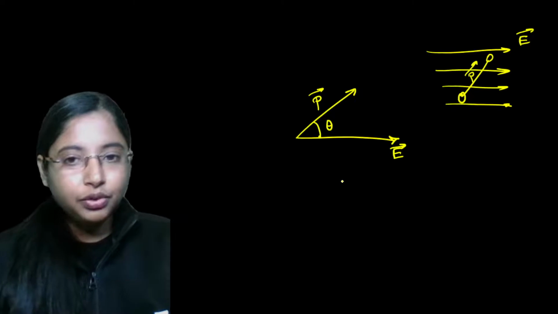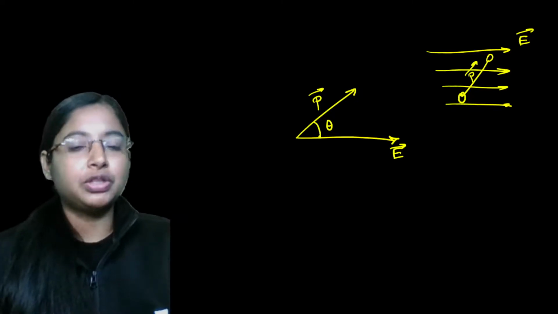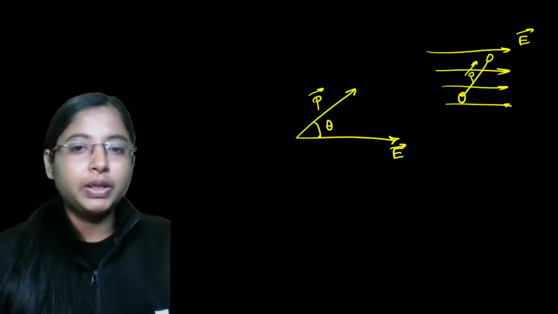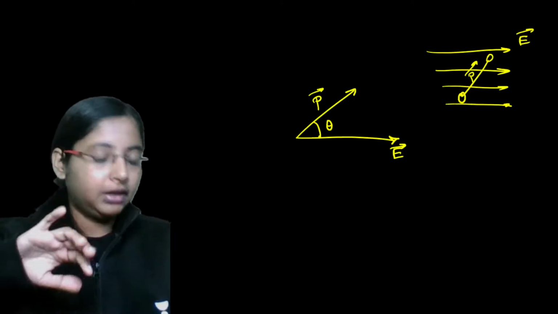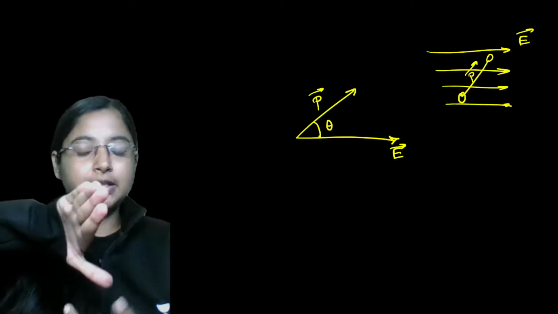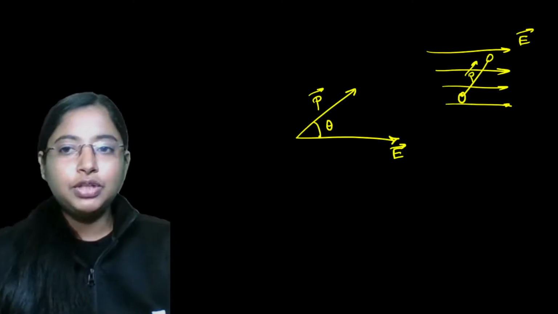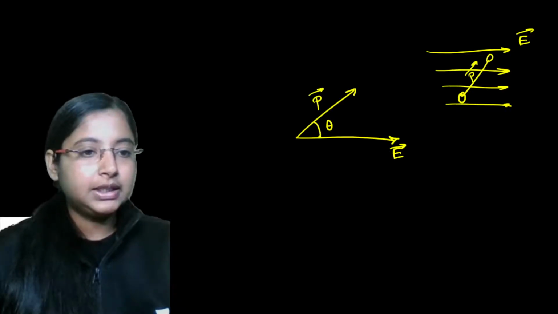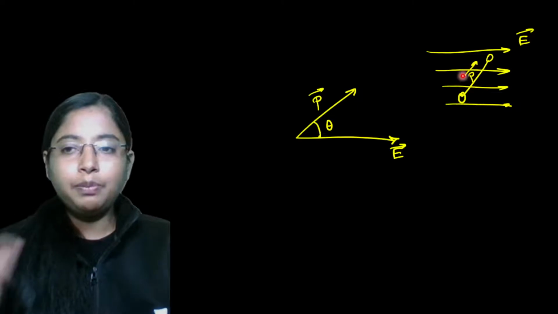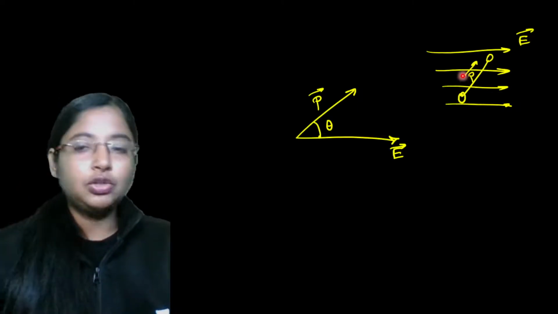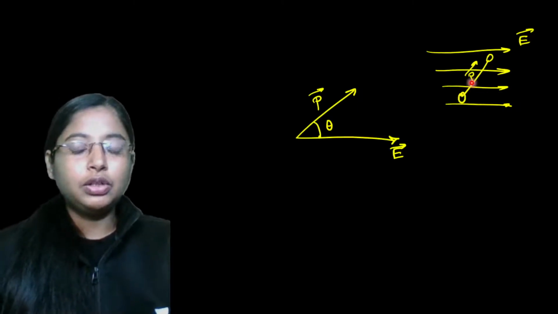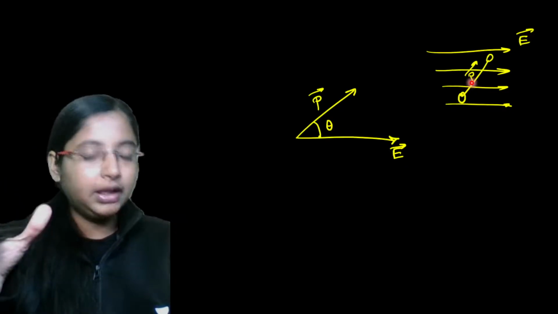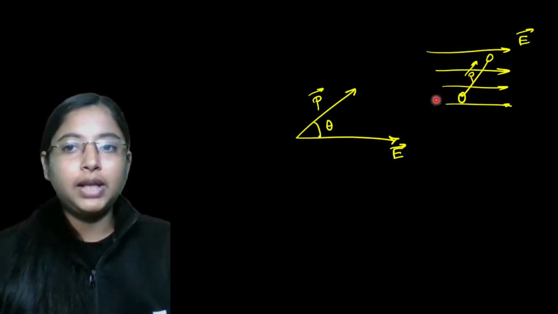Now you can use the right hand screw rule to find the direction, or you can simply make sure the inner palm of your hand is facing towards the P vector. The dipole is rotating to adjust to the electric field, so it experiences a turning force till it becomes parallel to the electric field.